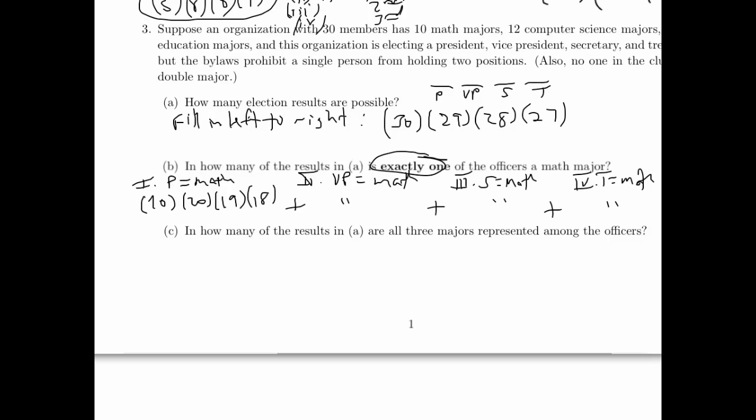All of them are going to have this same numerical value because you're going to have 10 choices for wherever you put the math major, and then 20 times 19 times 18 is the number of ways to fill in the other 3 blanks. So there are 4 cases, but really the 4 cases are all solved in a very similar way, and they all have exactly the same numerical answer. So we're really just adding that same number to itself 4 times.